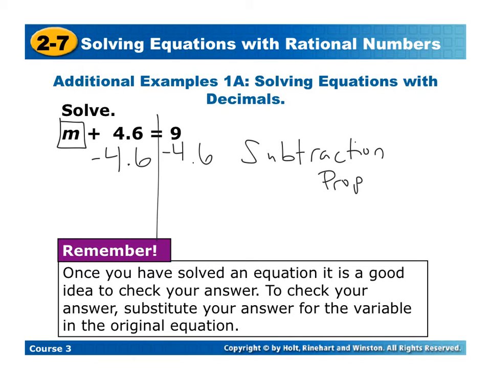And once I have done that, the 4.6's would cancel each other out. And now I'm just going to take my 9 and subtract 4.6, and I get that m is equal to 4 4/10. And now remember, we can always go back and actually check our answer, which is good practice.